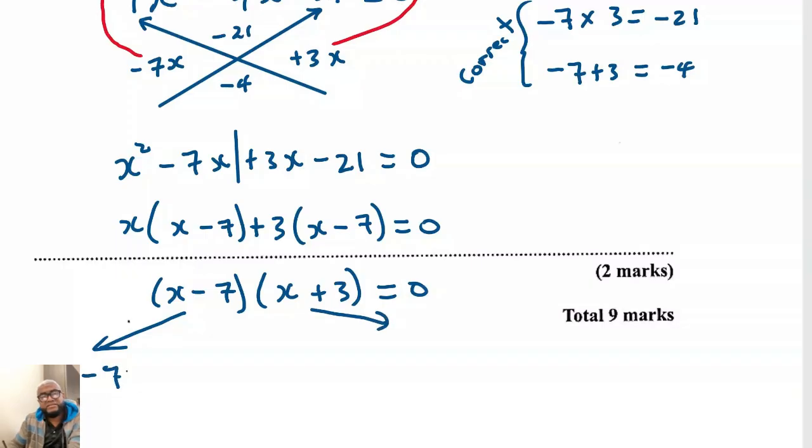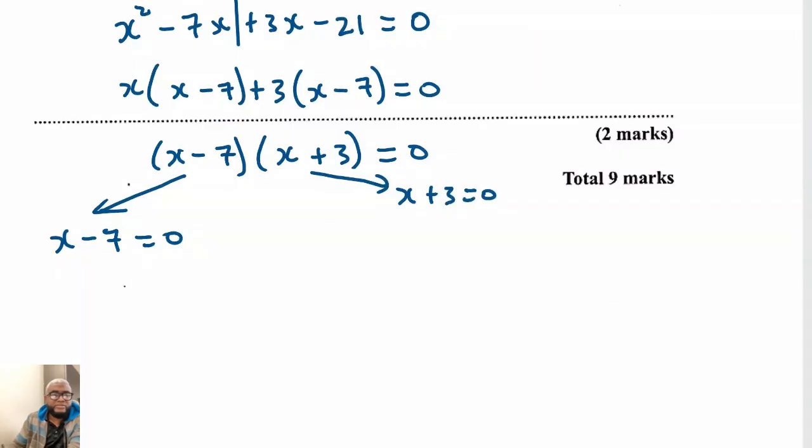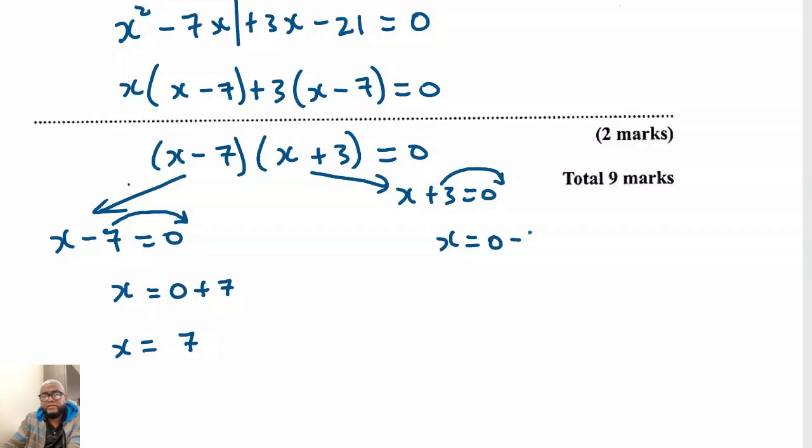So you'll have x minus 7 is equal to 0, and then x plus 3 is equal to 0. X will be equal to what here? When you carry minus 7 here, what are you doing with it? Positive 7. X will be equal to 7. When you carry this here, what are you doing with it? Subtract. Negative 3, right?